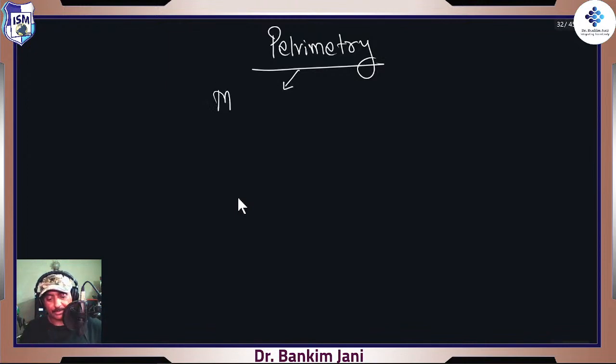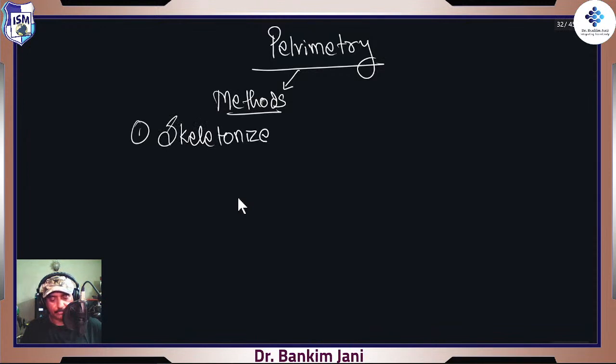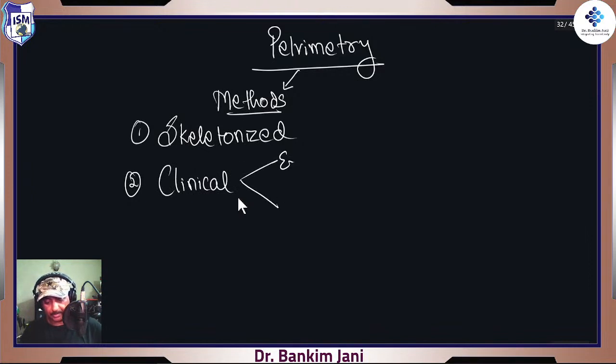There are several methods. Pelvimetry, measurement of pelvis. One is what is called the skeletonized, you have got the skeleton, and from that you measure. Second is clinical, in which it is external or internal. These are the two methods.